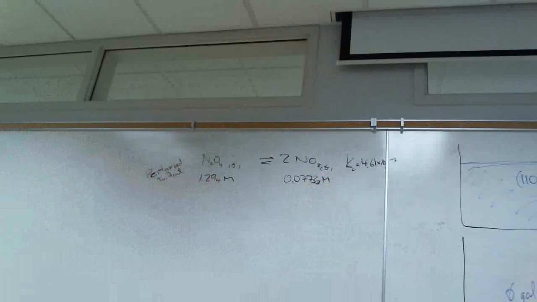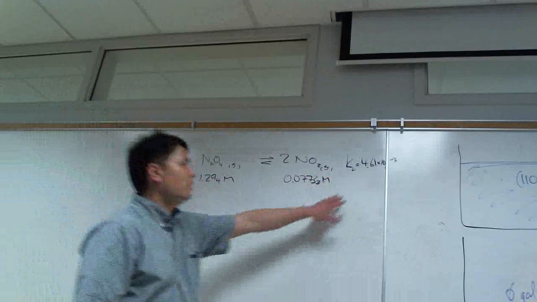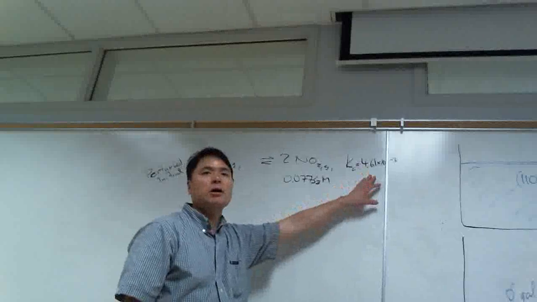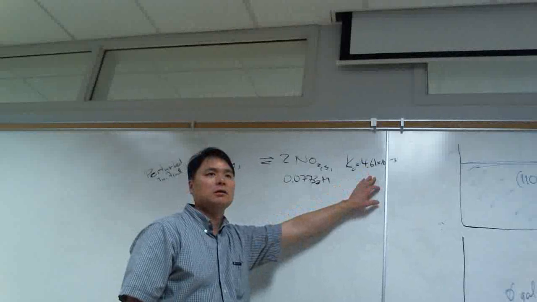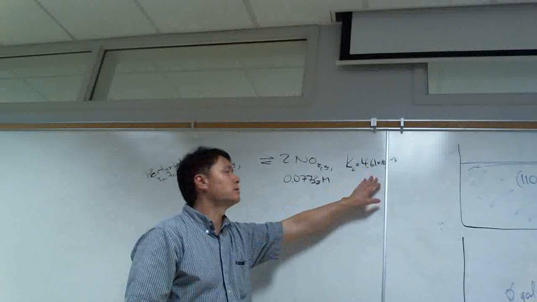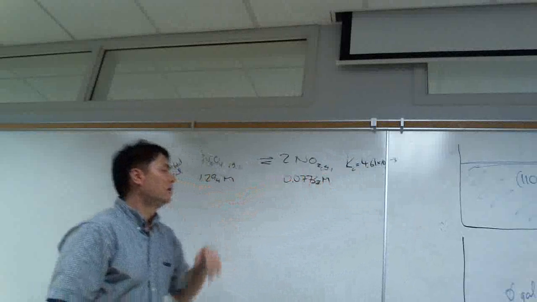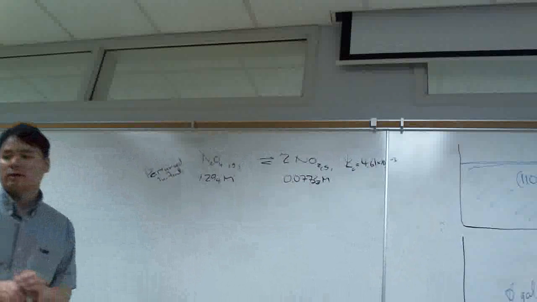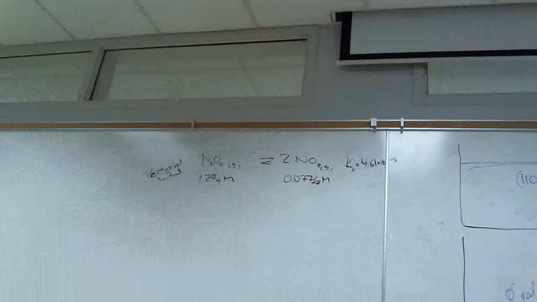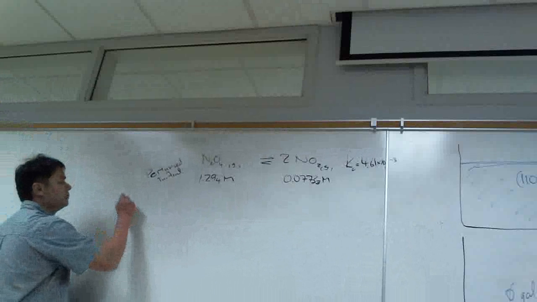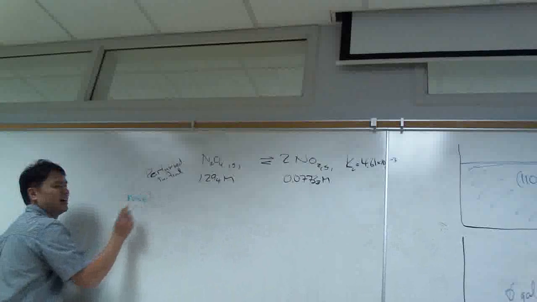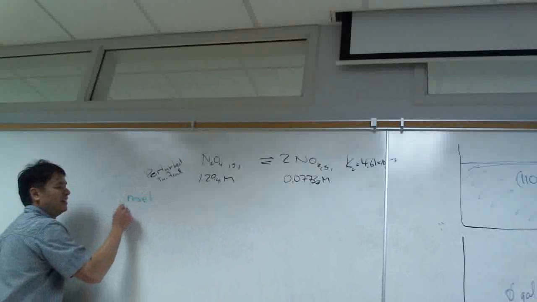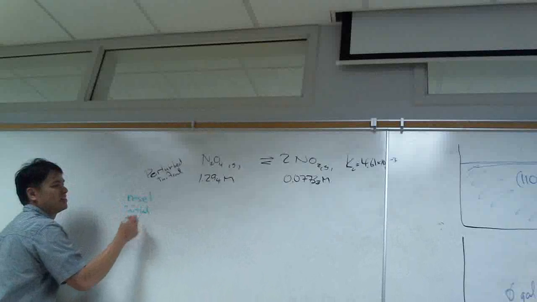When you look at this K value, does it favor reactants or products? Reactants. It's a small number, and so it should be mostly reactant. So one thing we can try here to make the math a little bit easier is to reset the initial condition.